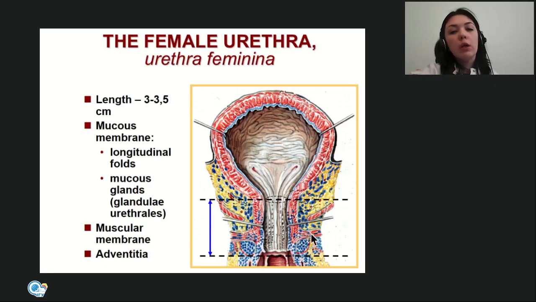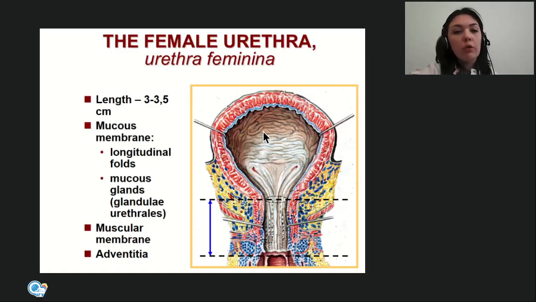So first, here you can see the female urethra, urethra feminina. There are some sexual differences, gender differences between the structure of the male and female urethra, because in males, as we will say a bit later, the urethra performs not only the function of the urinary system, but also reproductive.